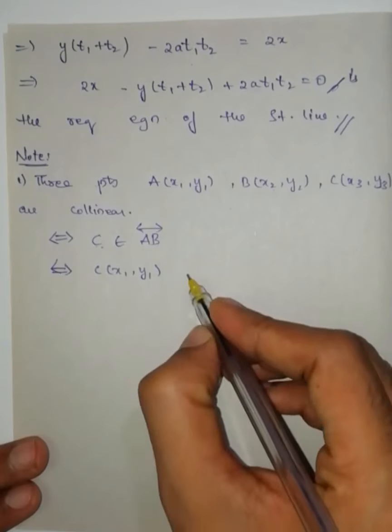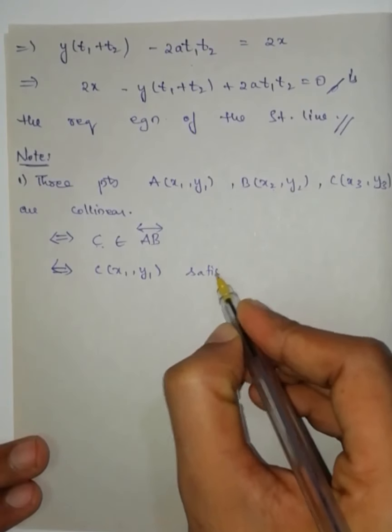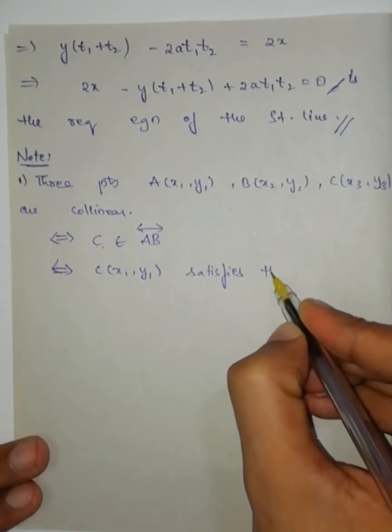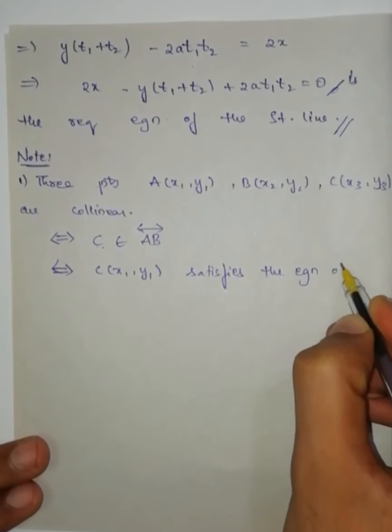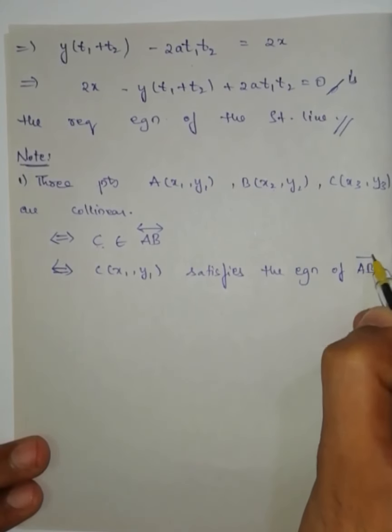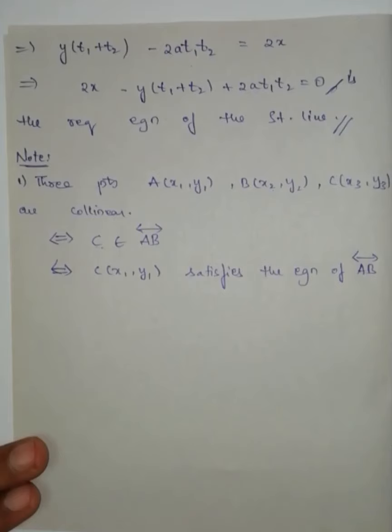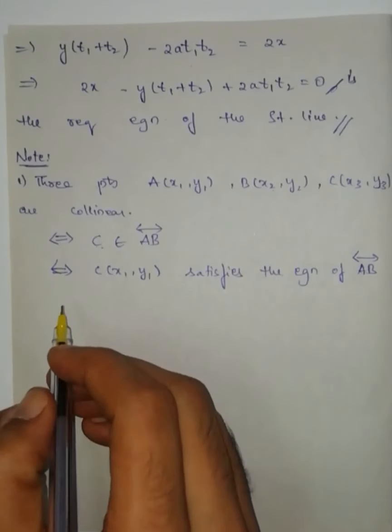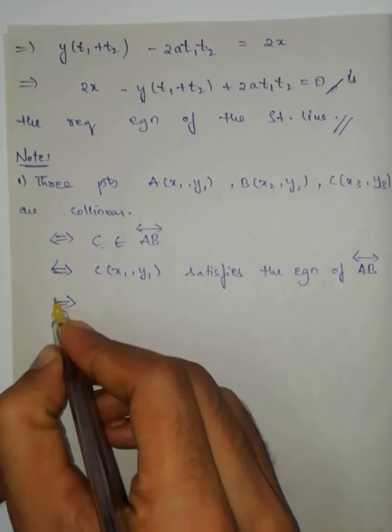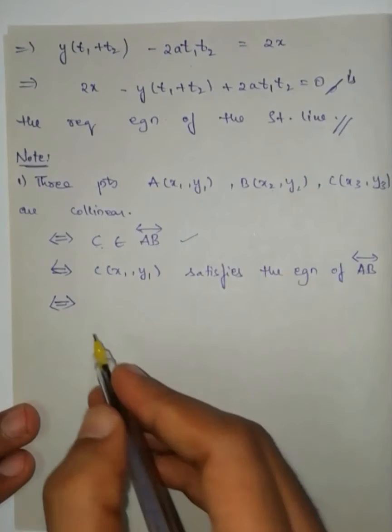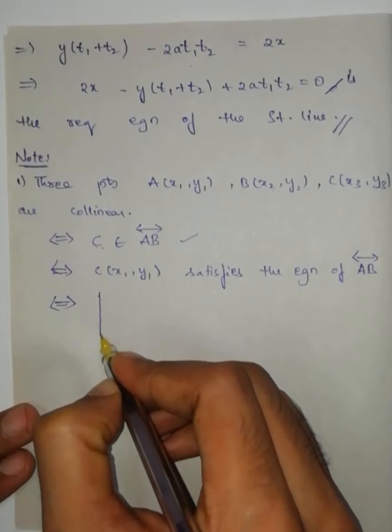A point C satisfies the equation of the line AB. Third one, we can use this one or the third one.